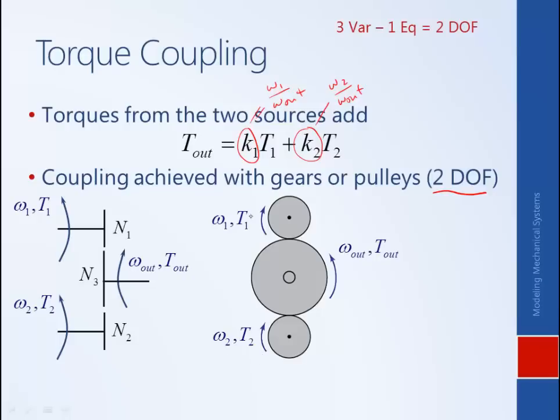And so those 2 inputs are free. But once we set T1 and T2, the IC engine torque and the electric motor torque, then the output torque is defined. So we don't have control over that. So that is how we come to the definition of this as being a 2 degree of freedom system.